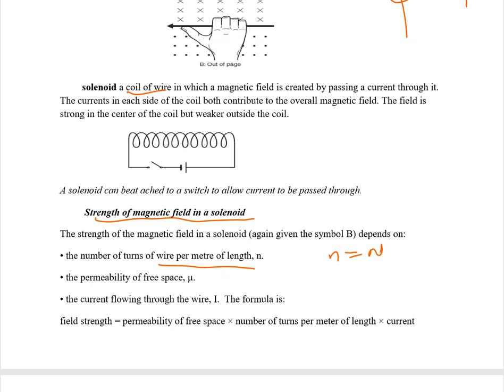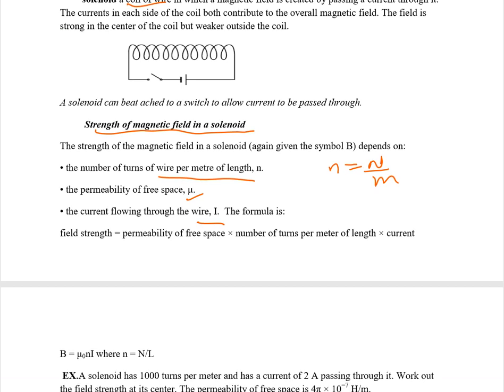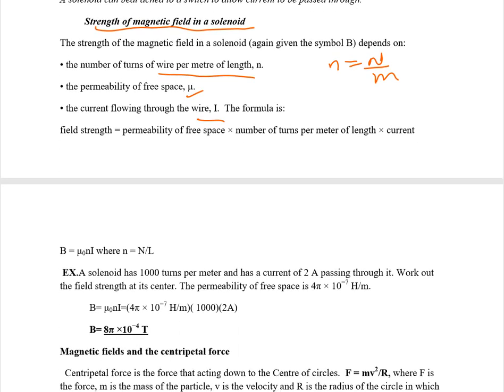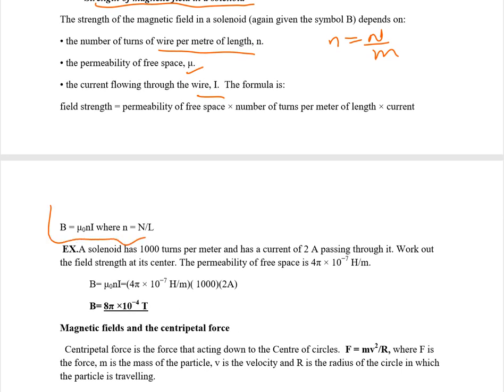Small n is the number of turns per meter, and the permeability of free space, and the current that's flowing through the wire. Combining these all, the field strength is equivalent to the product of these three: the permeability of free space, the number of turns per unit length, times what? The current. Therefore, finally, you can use this equation to calculate the field strength in a solenoid, but small n is the number of turns per meter.